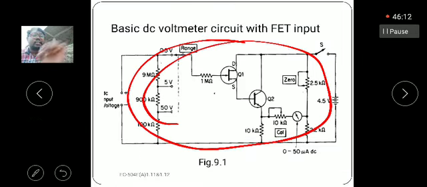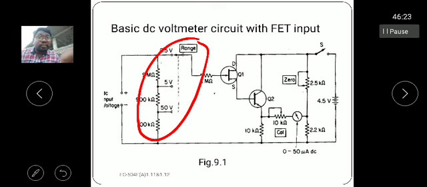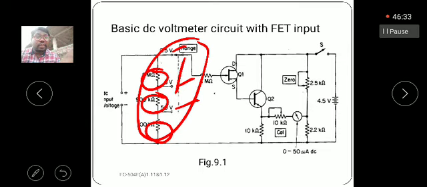The construction of the DC voltmeter with the FET input. Here we have to observe the range attenuation section, with three resistors connected in series for potential division. We are using three different ranges of voltages. With the help of the range rotary switch, we connect the range required for the voltages.